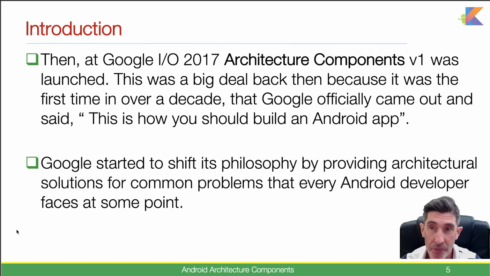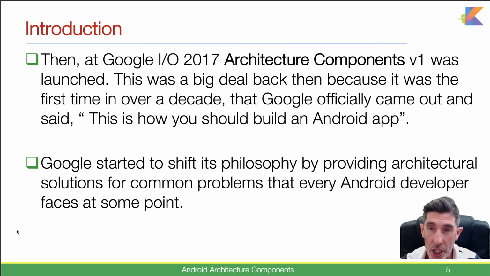They didn't do any of that. So when they decided to nail it down essentially and say, using these particular components, this is how you should build an Android app, that's why it was quite a big deal in the developer world, okay?